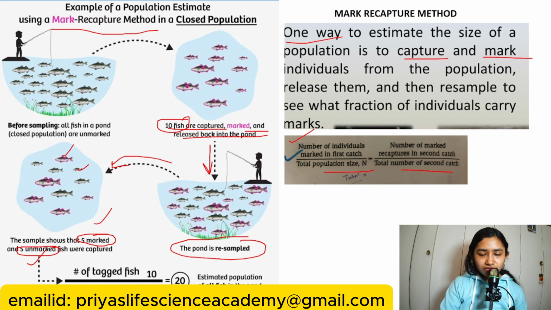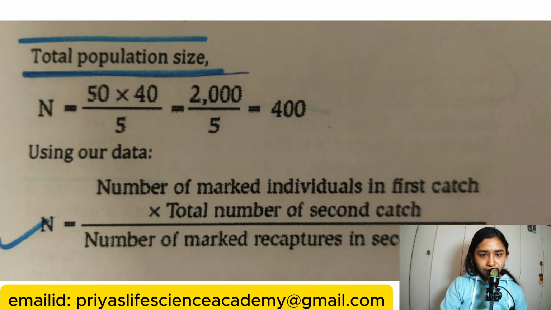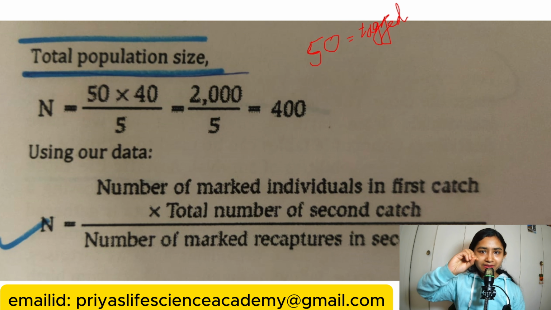So I'll make the formula simpler for you. For example, in a lake population, inside a lake, you first got 50 fish. Okay, listen carefully, this type of sums may come in your exam. You got first 50 fish and you tagged them. Okay, these 50 fish are tagged. You gave them colored fin tags.